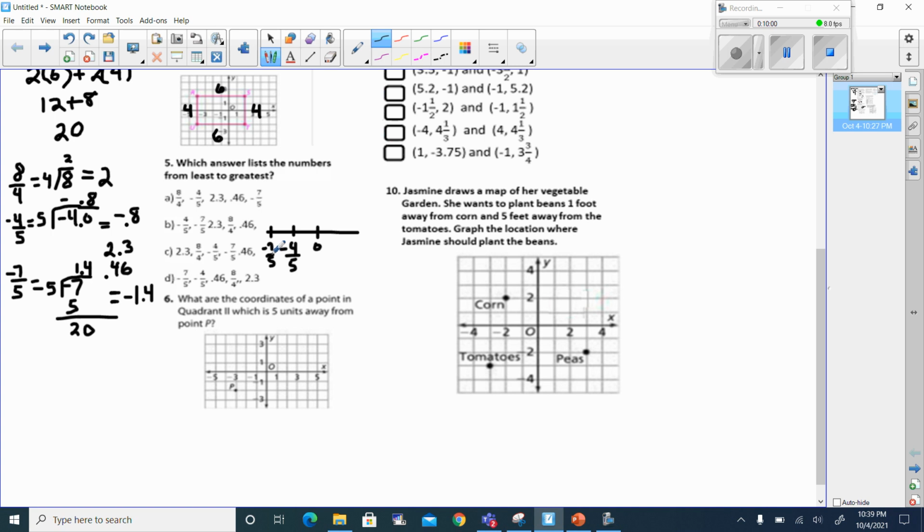So now I'm going to go for my positive numbers. My positive numbers are 0.46, 2, and 2.3. I know out of all of these, 0.46 is going to be the smallest number because it's not even at 1. And then we've got 2 over here, represented by 8 over 4.